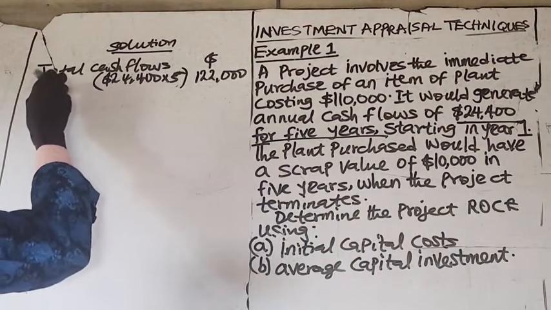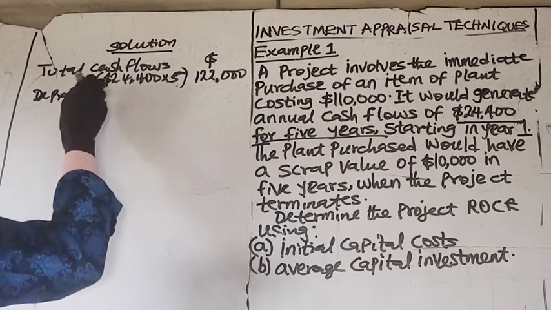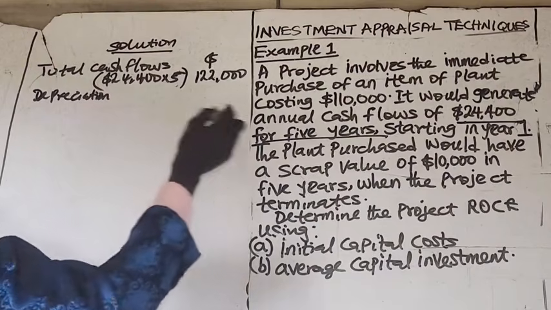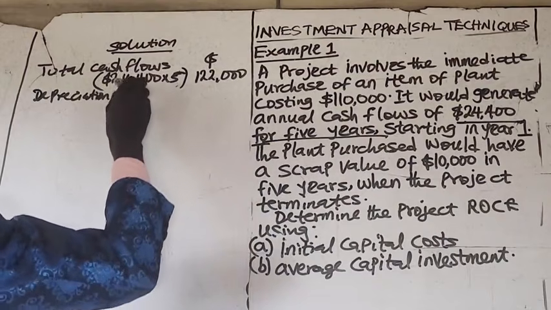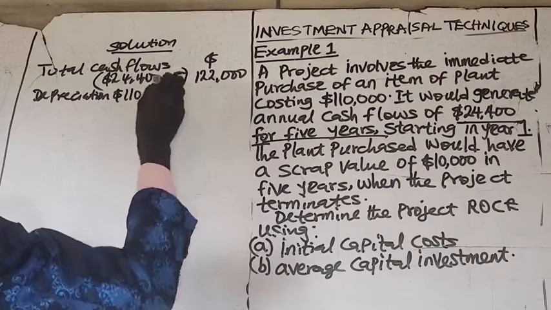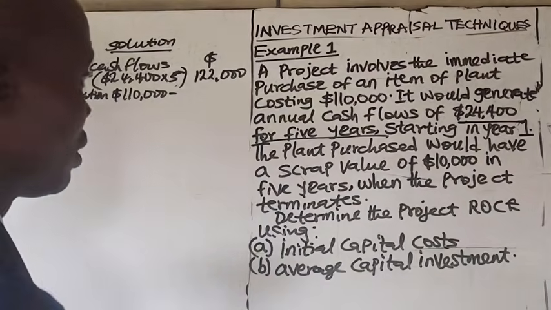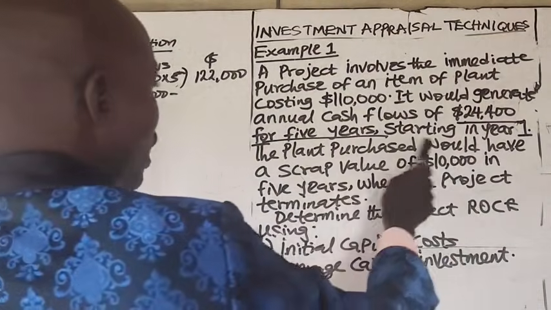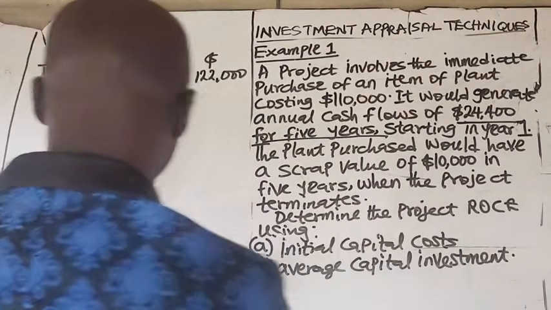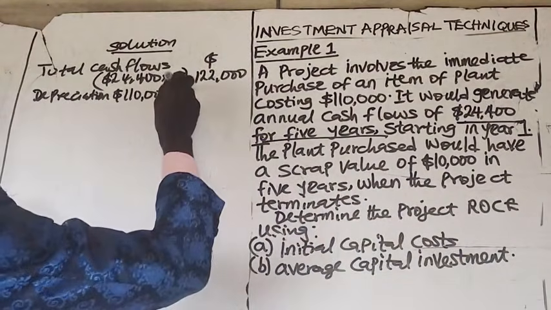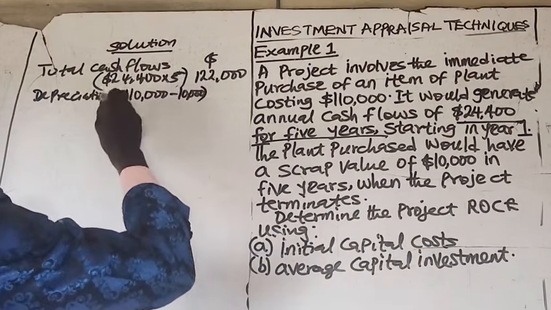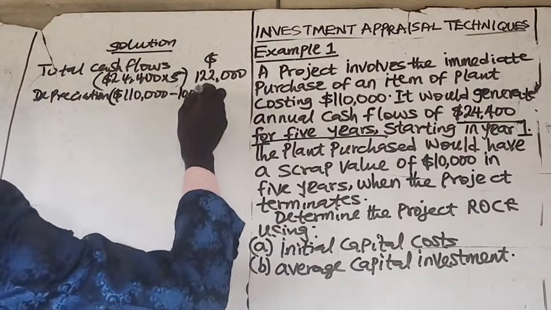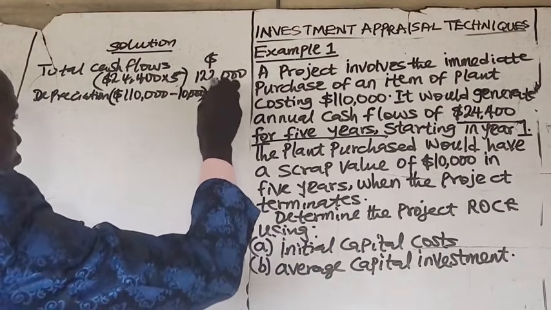How much is the depreciation? The cost of the asset is $110,000, less scrap value. The plant purchased will have a scrap value of $10,000. If you subtract the scrap value of $10,000 from $110,000, you'll be left with $100,000.